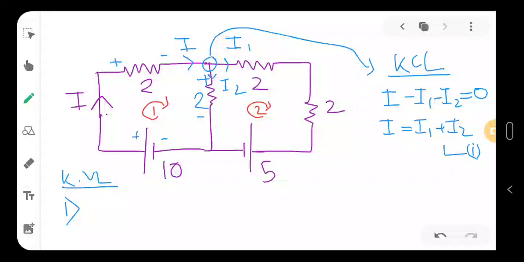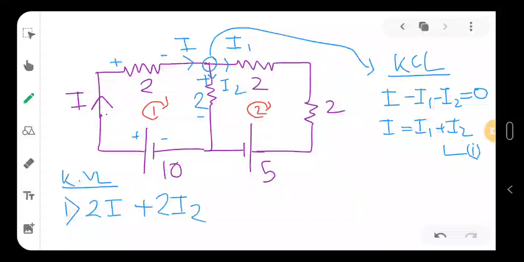So the current is entering here. Here we have to find the voltage. The resistance is 2 and the current is I, so I can write 2I plus 2I. Here the current is I2 I have taken, and the resistance is 2, and the current is entering on the positive side, so I can write plus 2I2.